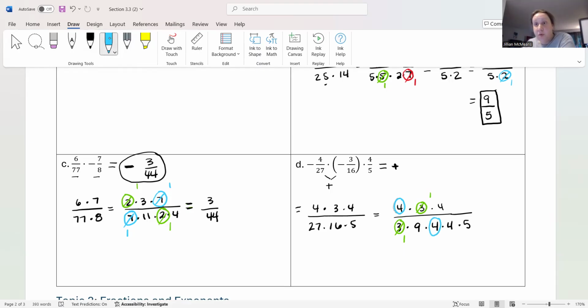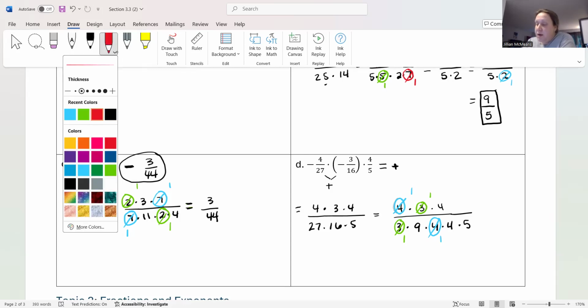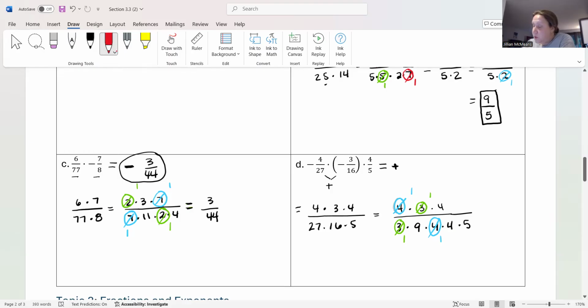That tells me both the numerator and denominator are divisible by 4. So I get 4 divided by 4 and 4 divided by 4. Remember, when you cancel out factors, you're really dividing and you're getting like a little footprint of a 1 left behind. That's why I'm showing you like this so you can see those 1s. And then one more, I have another 4 in the numerator and another 4 in the denominator. So that tells me 4 divided by 4 is 1. 4 divided by 4 again in the denominator is 1.